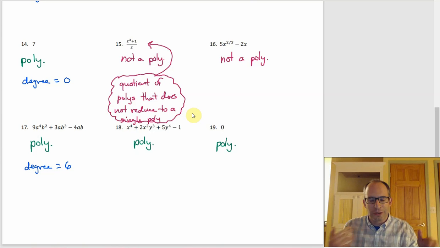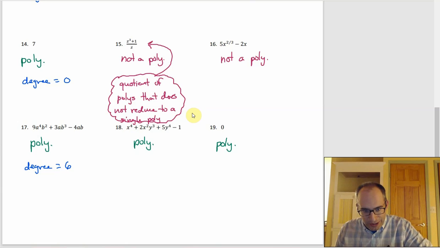I think that's kind of a reflexive response, just to look at one variable, then look at the other variable, kind of in the order they show up in the alphabet. But it's very possible for the term with the biggest degree not to happen first. And that's what's going on here, because the biggest degree is that 5 in the second term. So the degree here is 5.